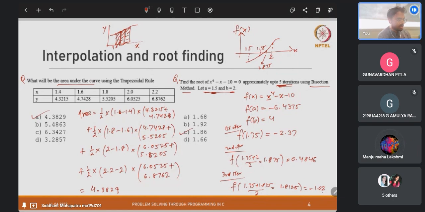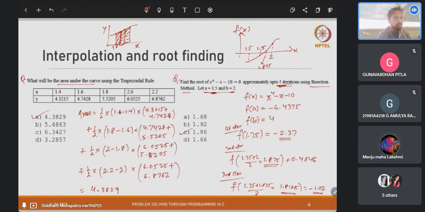No, not 1.75, because you see the value at 1.8125 is actually closer to 0 than at 1.75, so it is closer to the root. So you have to take 1.8125 and the closest upper value, which is 1.875, for the 4th iteration. These two values you have to take for the 4th iteration.